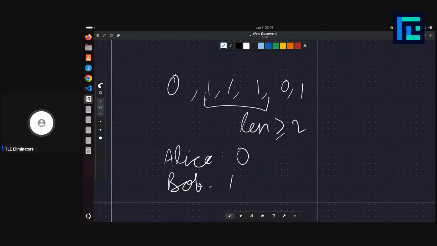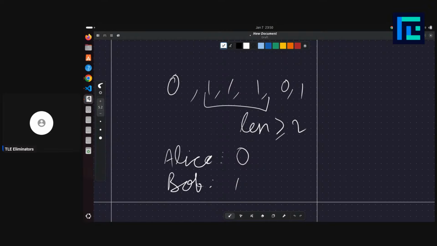Like after doing all of this, finally only one element would remain, right? Because the length is decreasing. Like you choose an array of length at least 2 and replace it with only one number, so the length decreases, right? So eventually the length will become 1, and so finally the number, if it is 0, then Alice wins, and if it is 1, then Bob wins.